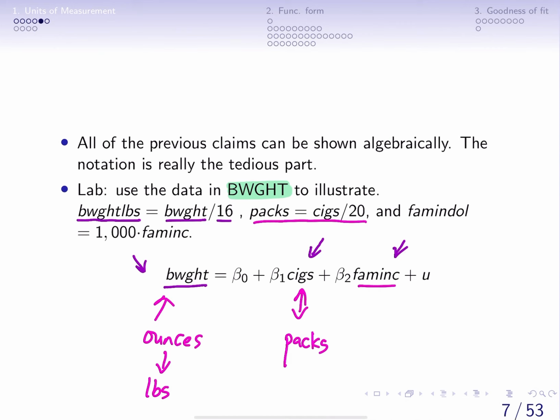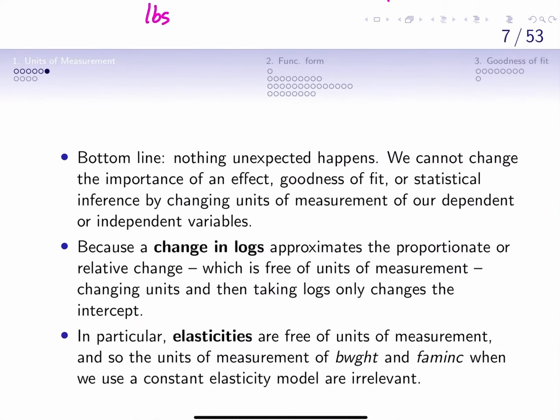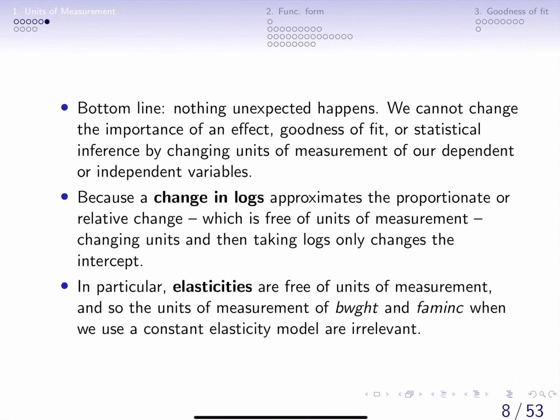And if family income was measured in thousands of dollars, we can see how that can be changed to just measuring family income in dollars, and how this operation would affect everything else. Okay, you would see that nothing unexpected would happen. Whatever we described before would stay.